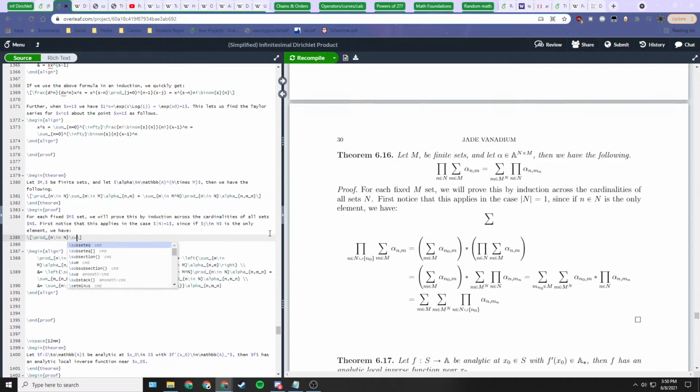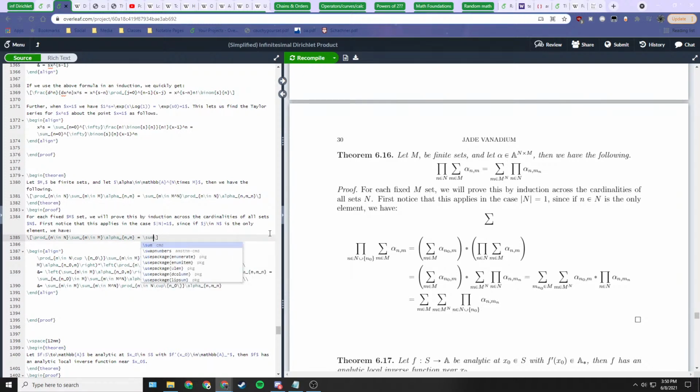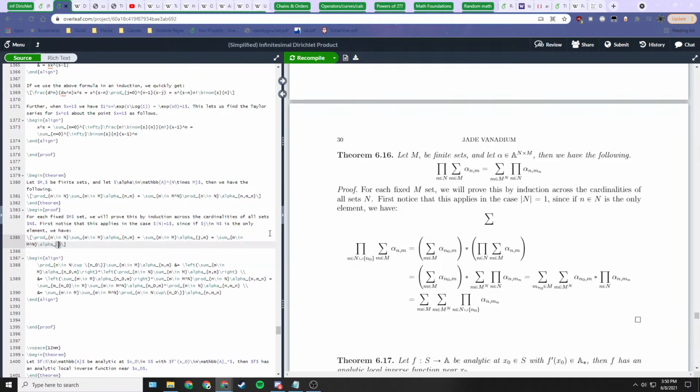Product n in capital N, sum m in capital M, alpha sub nm is just the sum of m in capital M, alpha sub j m, which is also the sum m in M, alpha sub j, comma m sub the only element, I guess, m sub j.